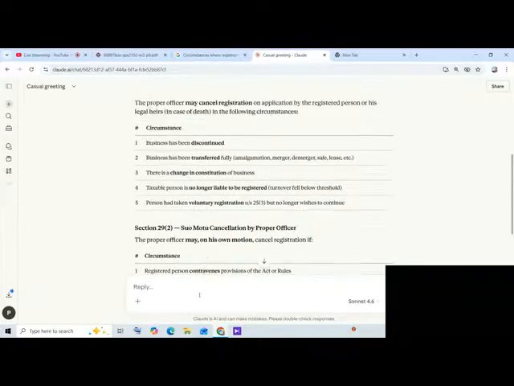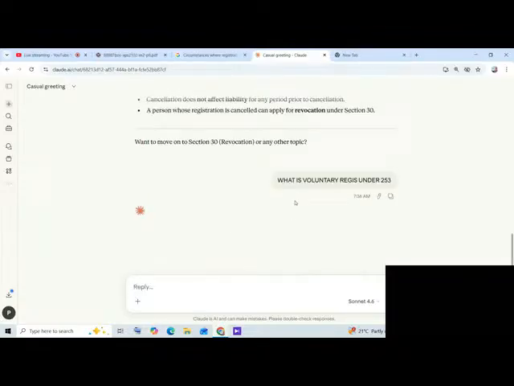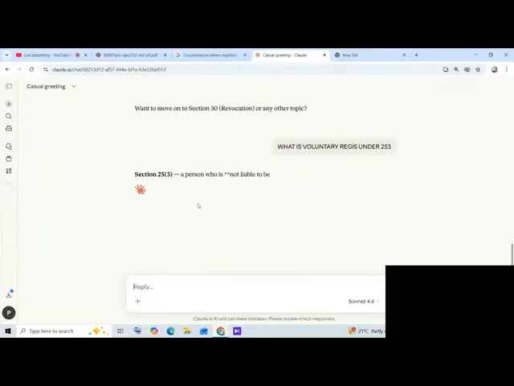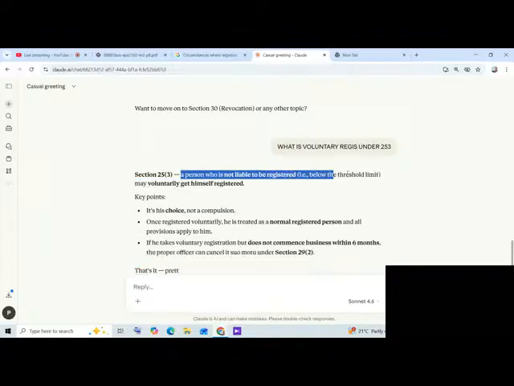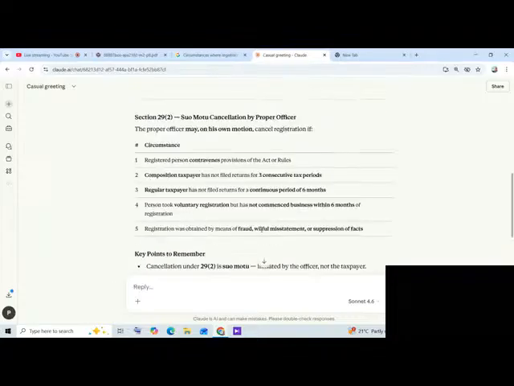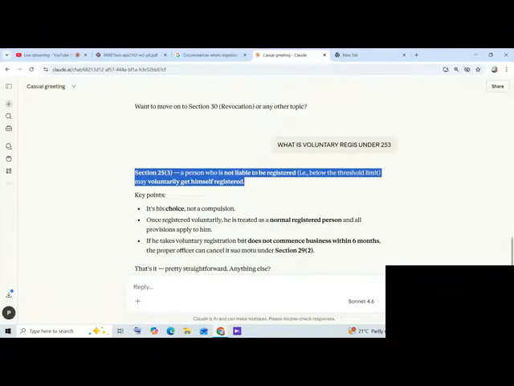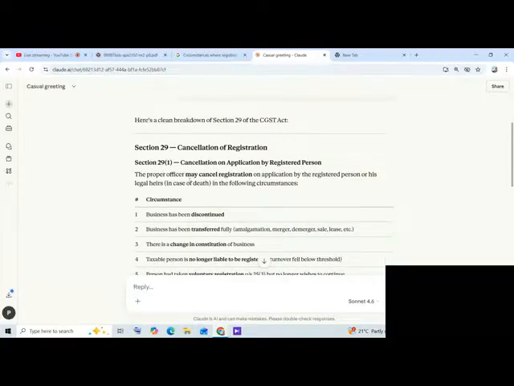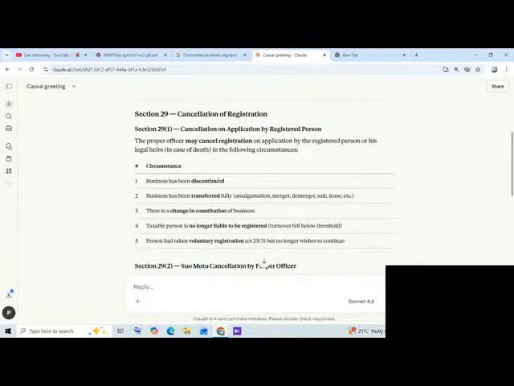Okay, so let me use Claude. A person who is not liable to be registered, below the threshold limit, may voluntarily get himself registered. So business has been discontinued, business has been transferred fully, through amalgamation, merger, demerger, sale, or lease.